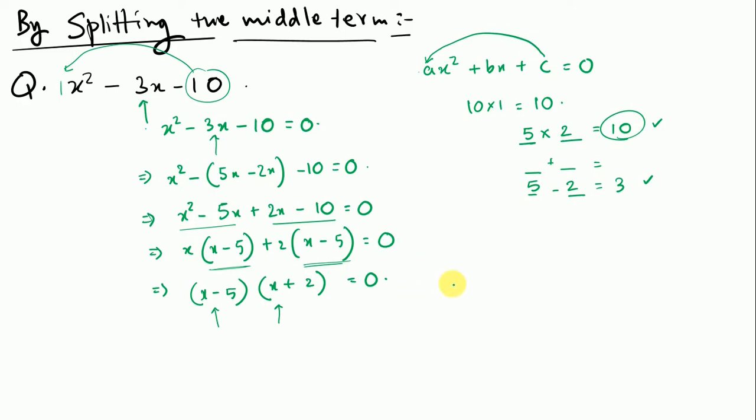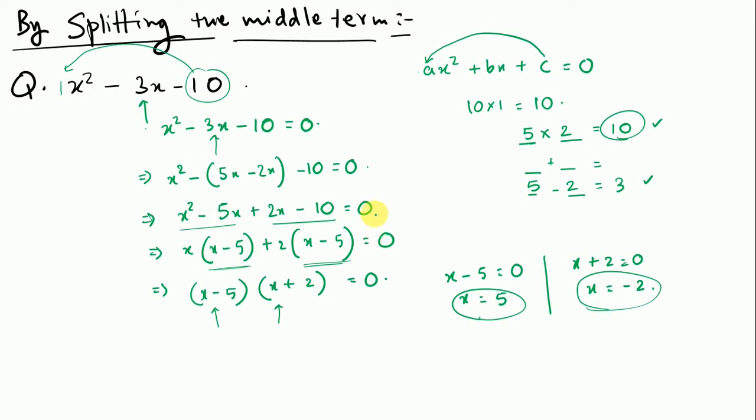So x minus 5 equals 0, where x equals 5, and x plus 2 equals 0, where x equals minus 2. So these are the two values of x, or we can say the roots, for which the quadratic polynomial becomes 0. So this was by using splitting the middle term.